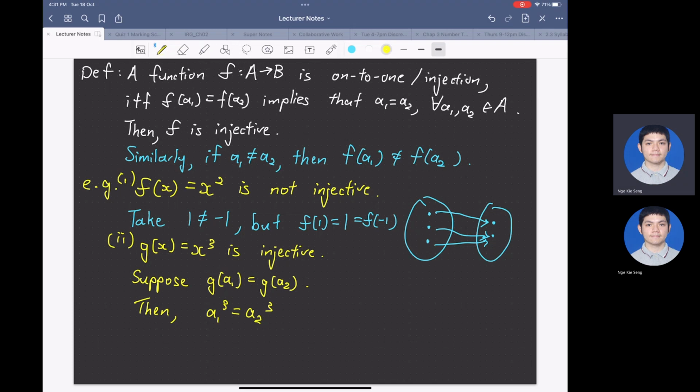How to show a1 cube equals a2 cube? Anyone got any idea?